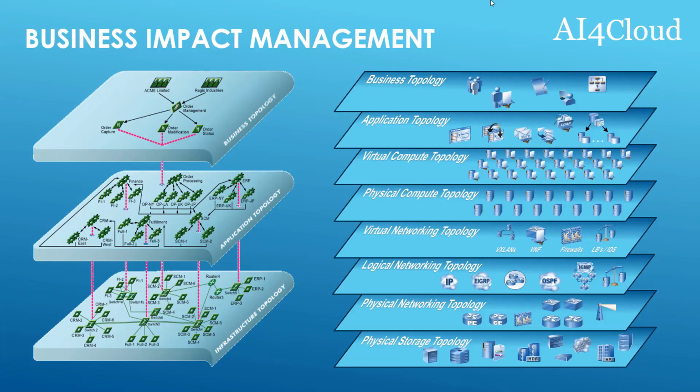Our business impact management solution is a set of objects with embedded semantics or behaviors, embedded meaning in those objects, that they understand what a department is, what a service offering is, and how that service offering is composed of a set of services, and how those services might be composed of or dependent on underlying infrastructure elements.